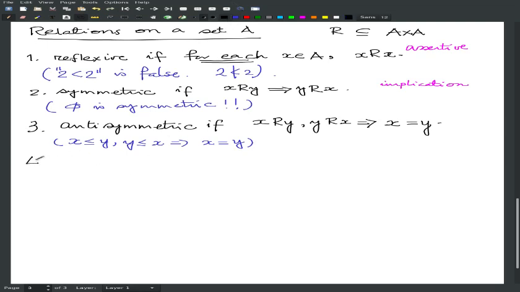Okay, so there is something called transitive. If x R y and y R z, implies x R z.